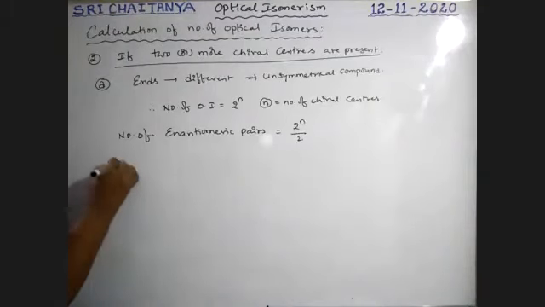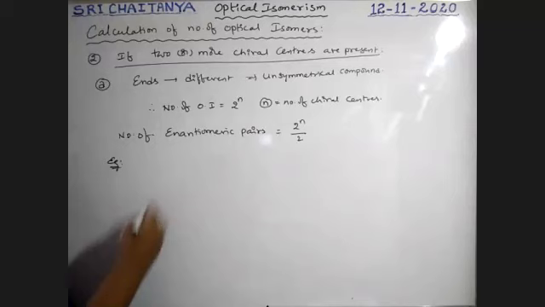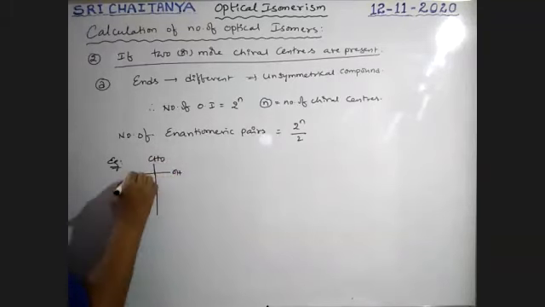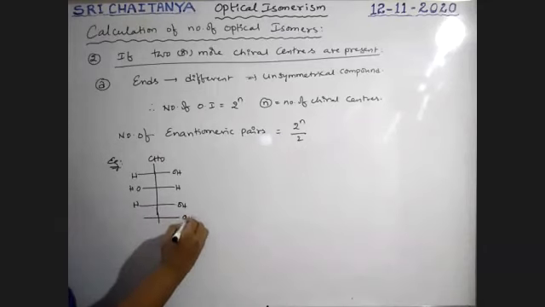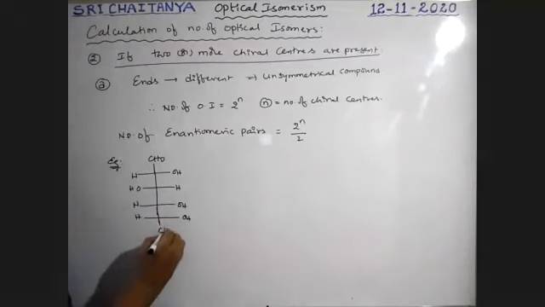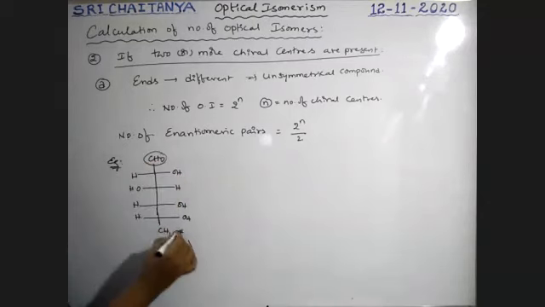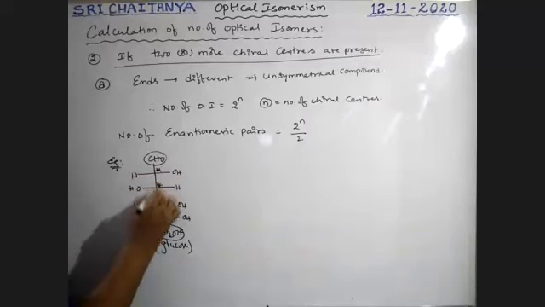Example. See here, I am taking glucose. CHO, OH, H, H, OH, OH, H, OH, H, CH2OH. It is glucose, boys. These two ends are different, and these are the chiral centers.